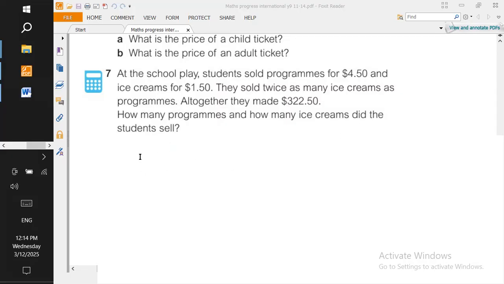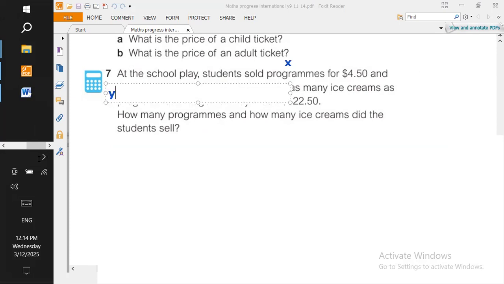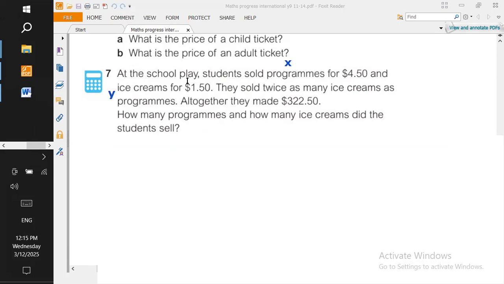Okay, so basically, let's call the programs X and the ice creams Y. The students sold programs for $4.50, so X will equal $4.50, and the Y will equal $1.50.